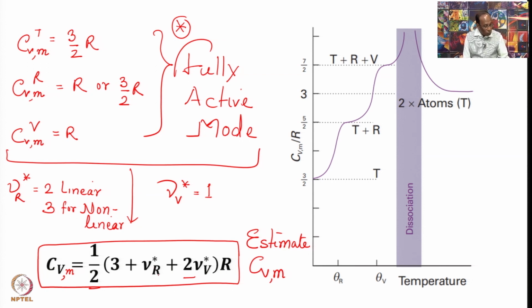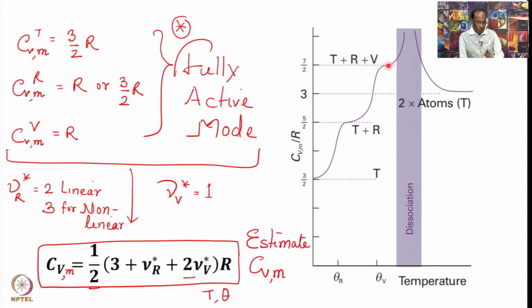Because you can use this expression only if you know whether nu R star is equal to 1 or 0, and nu V star is equal to 1 or 0, because there is no intermediate value which you can substitute here for a given temperature. So what you need to do is compare T and theta and decide. Here you can see theta R, theta V. It is beyond theta V or theta R that the full R contribution enters into heat capacity at constant volume. All right.